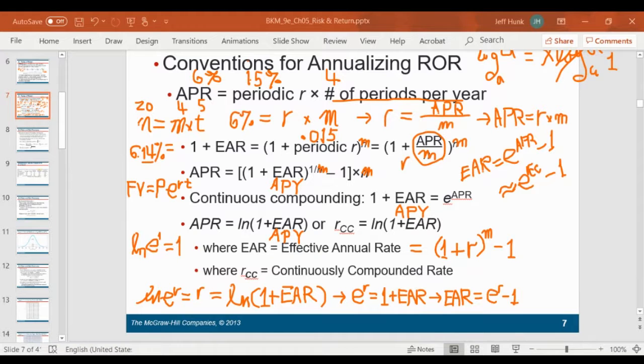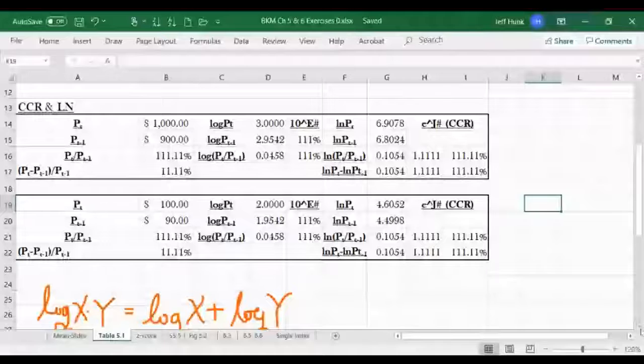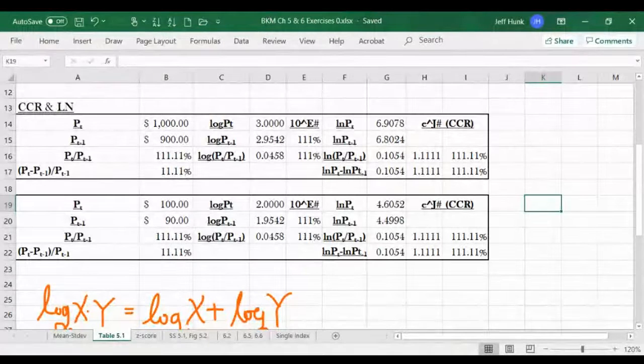So let me stop sharing this and share again. Alrighty, so you must be able to see this just about now. And the file name, you can find it. The file name is BKM Chapter 5 and 6 Exercises 0.